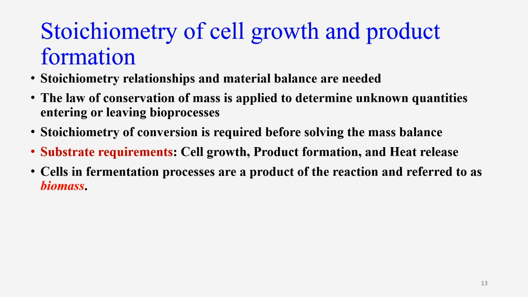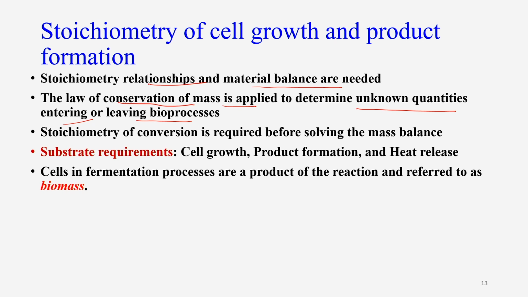As I told, stoichiometry relationships and material balance are needed in the bioprocess, and once these two things are there, we can apply the law of conservation of mass to determine the unknown quantities entering or leaving the bioprocess. If you remember the last example, the product and air supply were known to us.